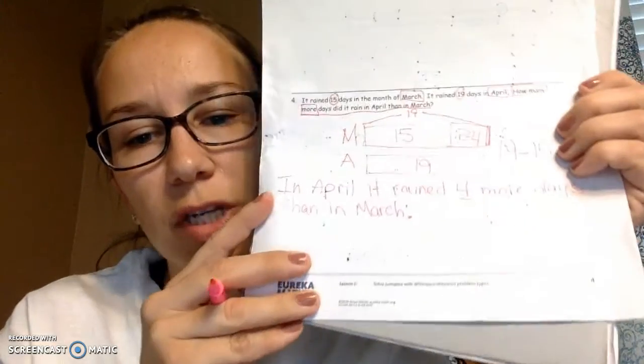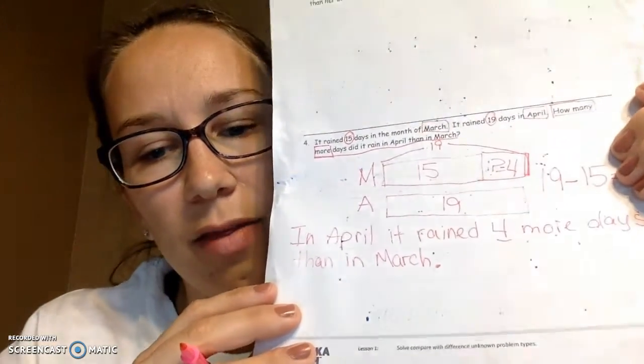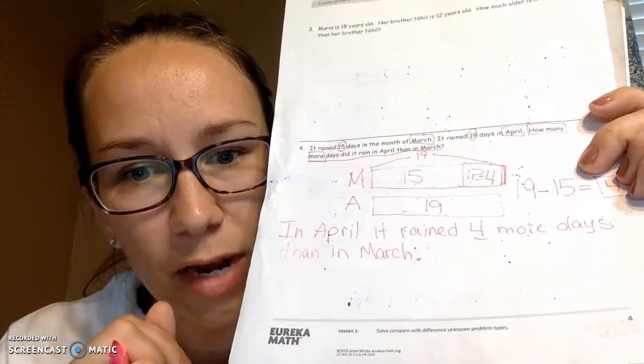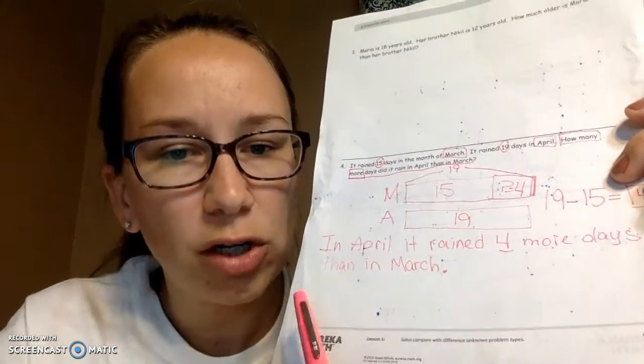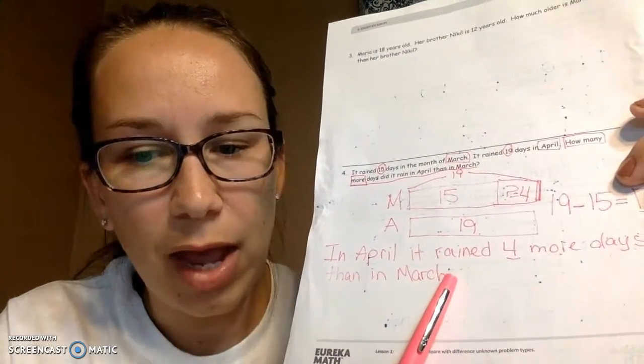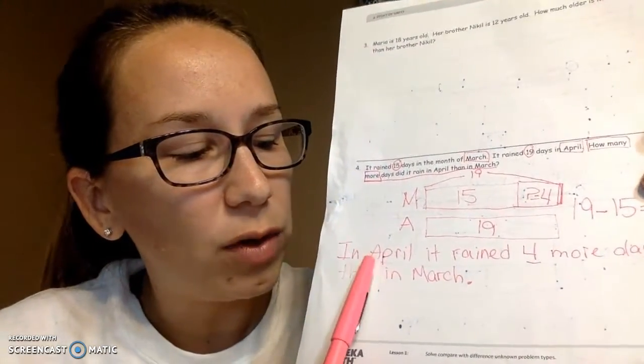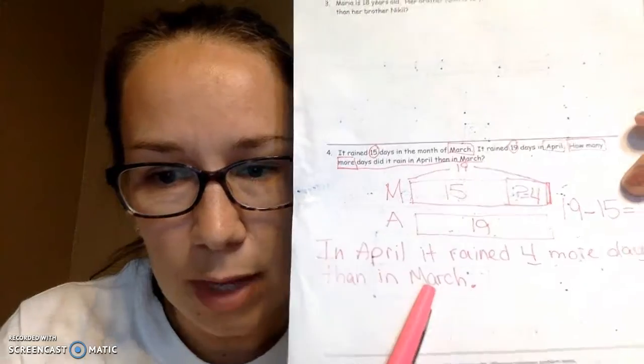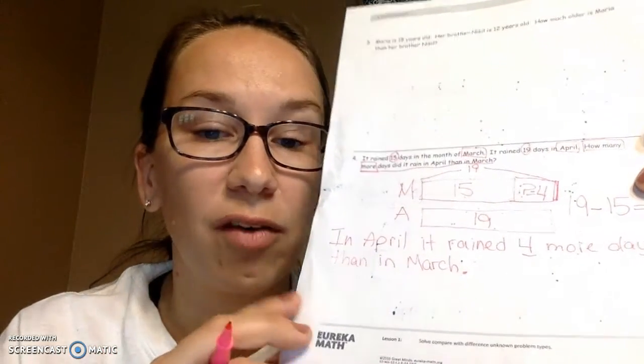Make sure when you write your statement that you are doing your good writer checks by starting with your capital letter at the beginning of a sentence, finger spaces, checking for lowercase letters throughout your sentence, and an end mark. I have my capital letter, I have my end mark, and you'll notice that I have a capital A and capital M in the sentence, which I'm supposed to have because those are names of months. So that is okay to have those 2 capital letters.